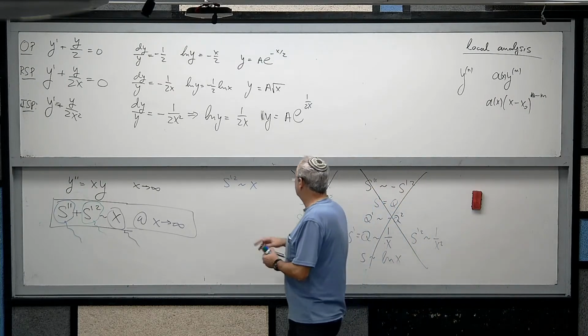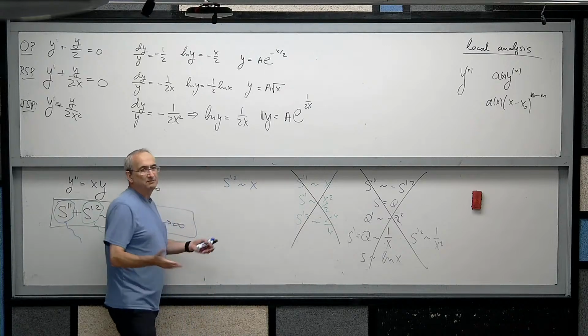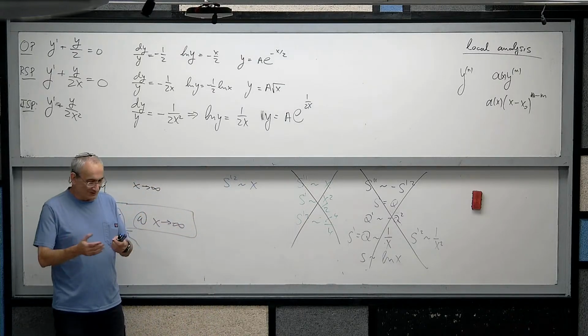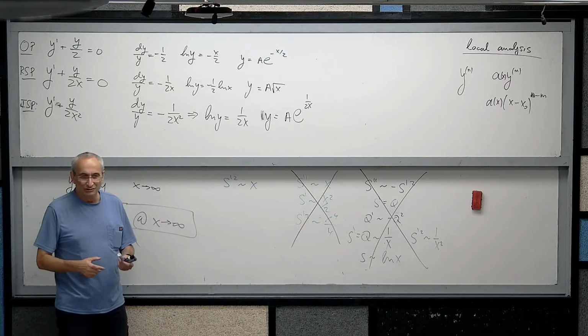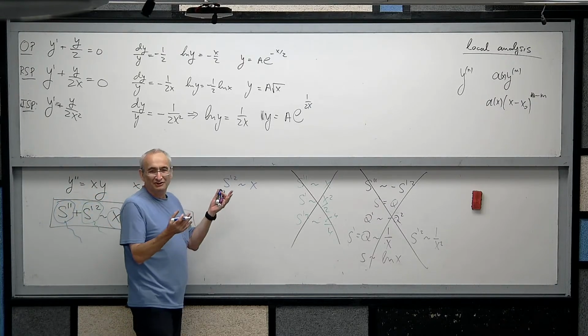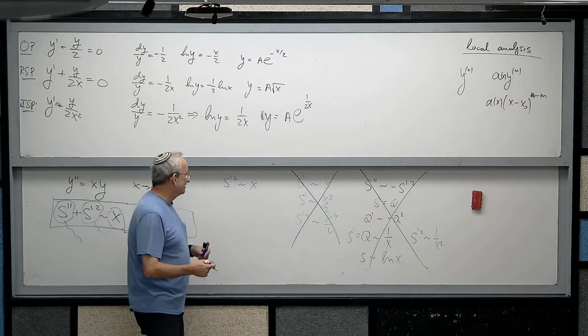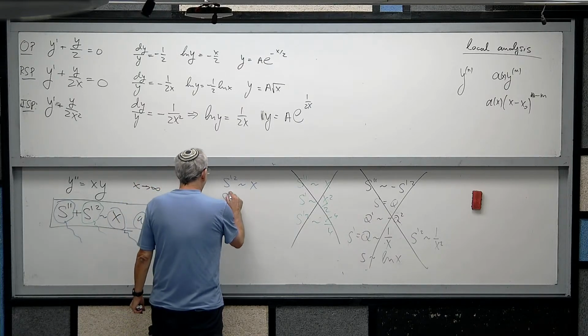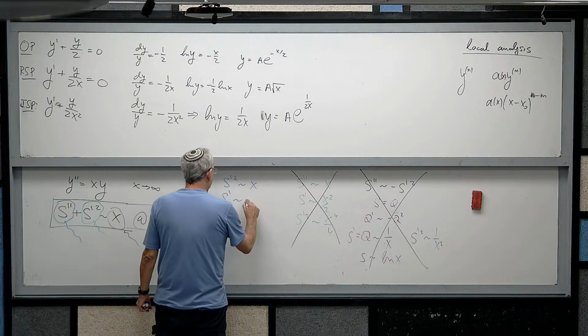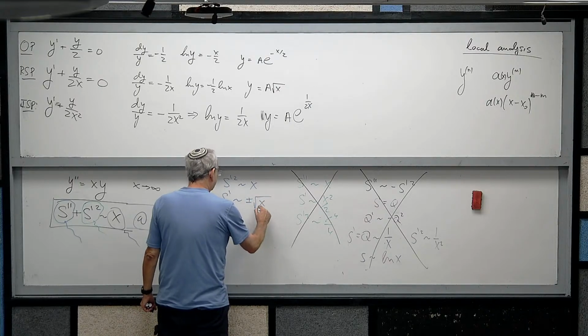And what remains is this. So this must work, because there is no other choice. Something should balance asymptotically as x goes to infinity. Now this implies that S prime is going like plus minus square root of x.